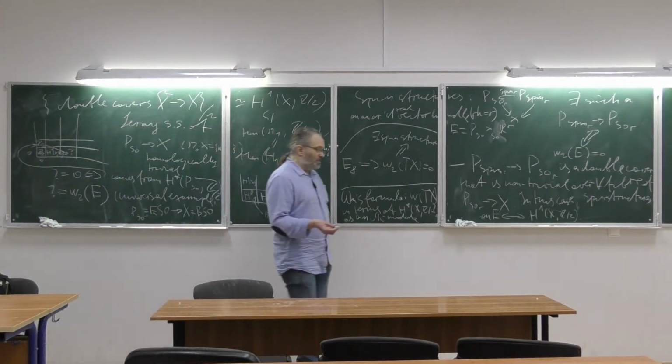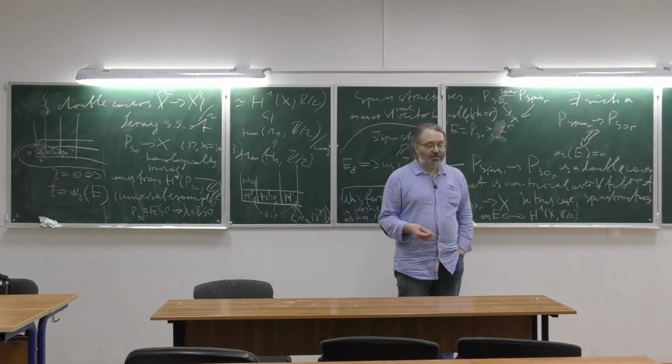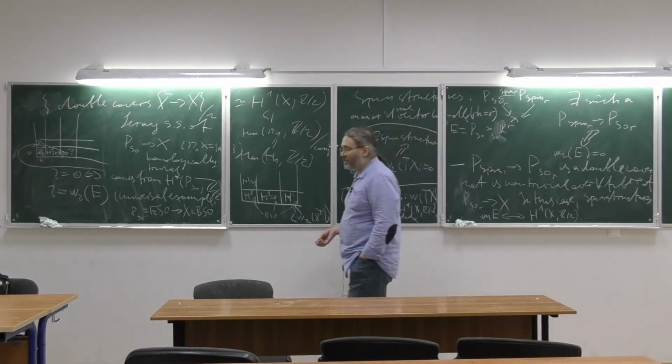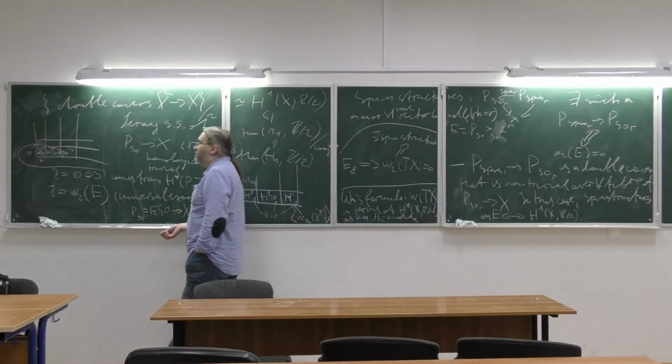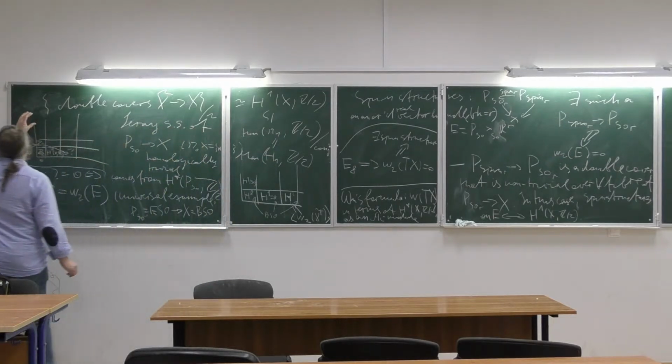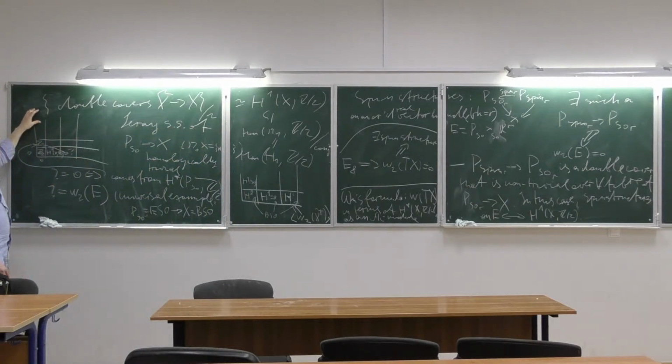On the spherical bundle, there is a canonical generator which lives somewhere here, and which corresponds to the Thom class, and it goes to minus the Euler class under the first non-trivial differential.